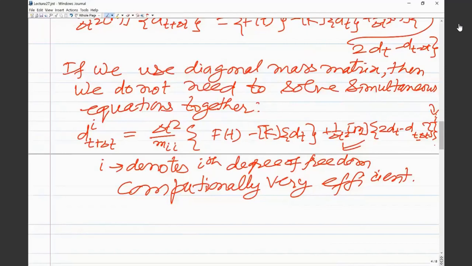Now the next thing is, in explicit techniques the choice of delta t is very critical. Explicit techniques are usually conditionally stable, so the choice of delta t is very important from the stability point of view.